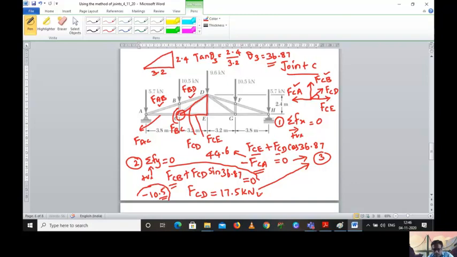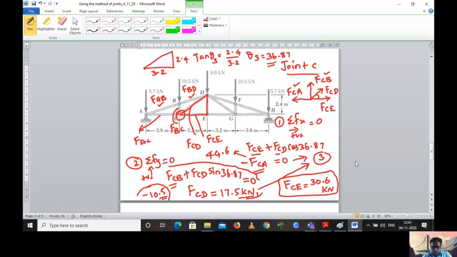So once you substitute this 17.5 in equation 3, you will get the value of FCE. Based on my calculation, I got 30.6 kilonewton. Fine. So these are the calculations we got.